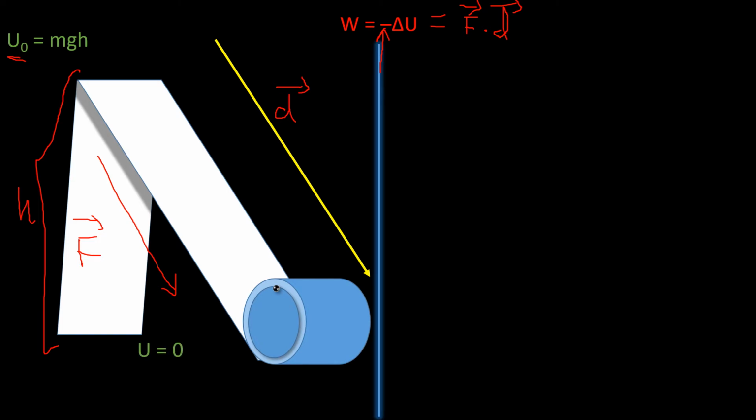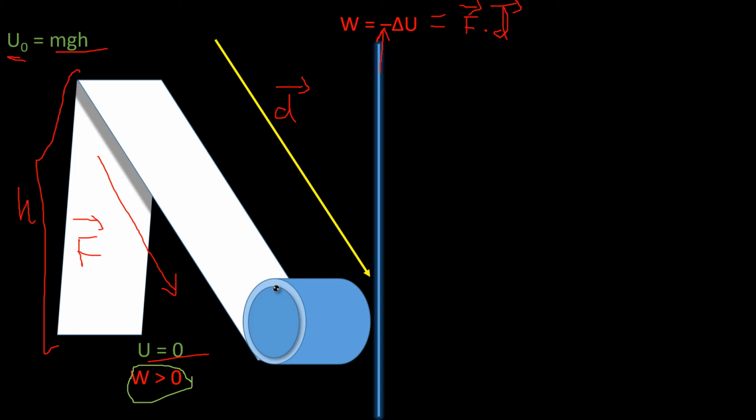Now find delta U, final minus initial, so 0 minus mgh. So the answer is minus mgh. Potential energy has decreased, and why has it decreased? Because work done is positive. Work done is positive, and hence change in potential energy is negative.